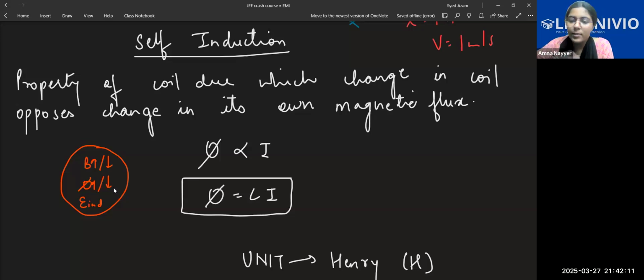So when in the same coil you have the change and the induced EMF, we call this self-induction.